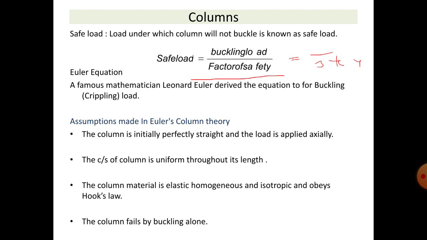To derive the formula, we know that for derivations we first have to assume some points. Depending upon those assumptions, we will derive the formula. So first we will find the assumptions made by the Euler column theory.